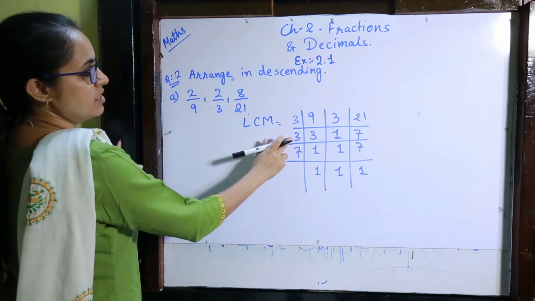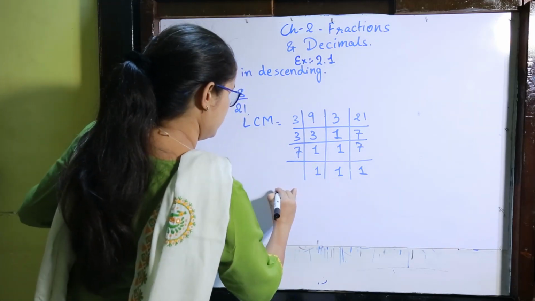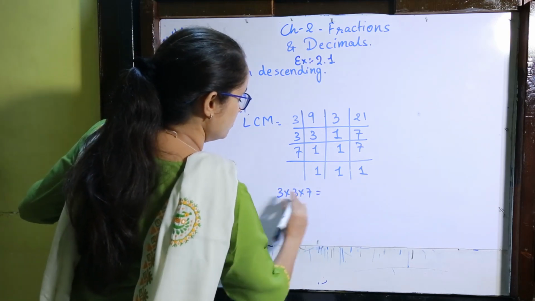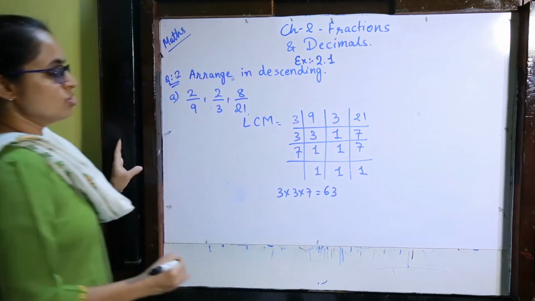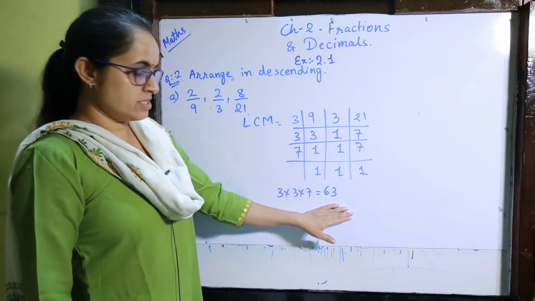So 3 multiplied by 3 multiplied by 7 is equal to 3 3s are 9, 9 7s are 63. So the LCM is 63.